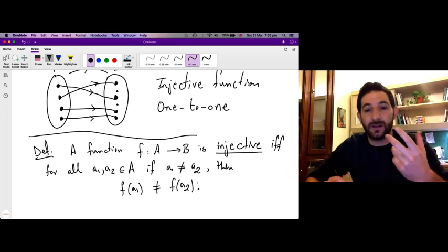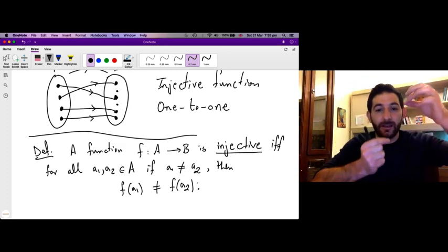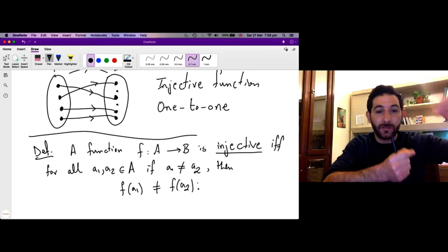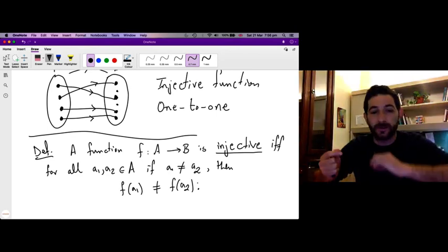Okay, so this is the idea of injectivity, that any two different elements in the domain must have different images in the codomain.